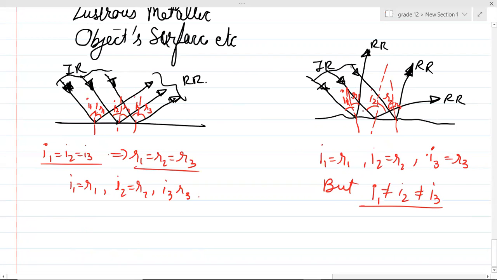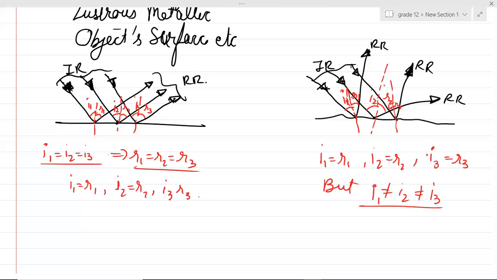Generally people ask a question: are the laws of reflection valid in the case of irregular reflection as well? So what should your answer be? Yes, they are valid, but even if we draw a parallel beam, still the angles of incidence for different rays will be different. That's why the reflected rays are at different angles. Anyways, clear?